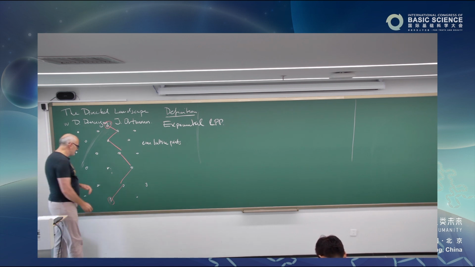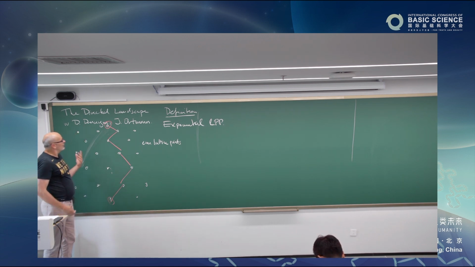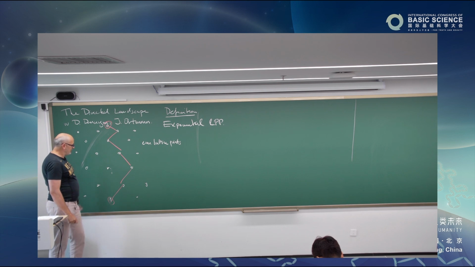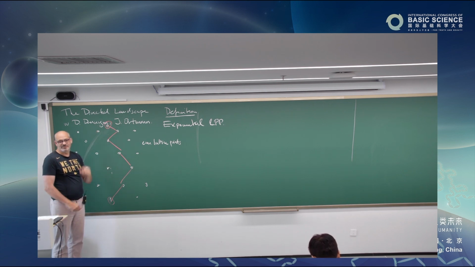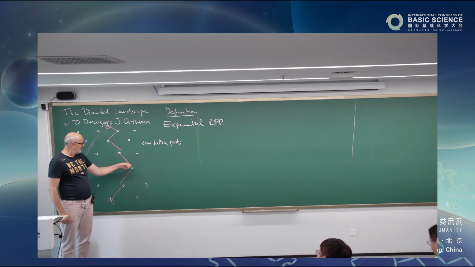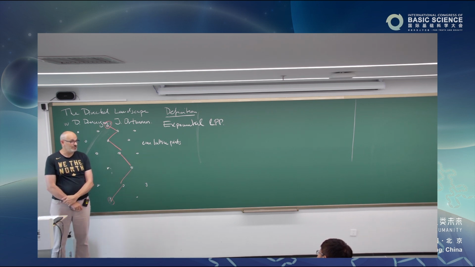And now your goal is to define a so-called distance or the last passage time between 2 points. Just fix 2 points. Okay, look at all the possible upright paths, okay, and maximize their length. So the maximum length is going to be the distance. What is the length? Well, the length is just the sum of all the exponential weights on the vertices.